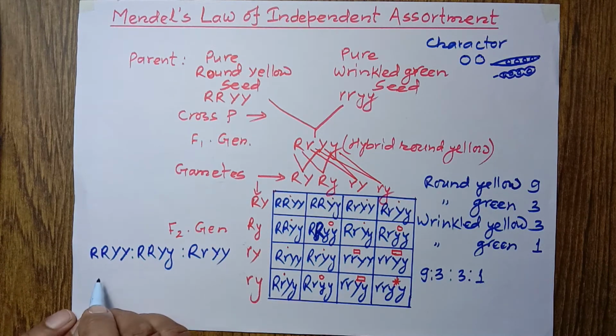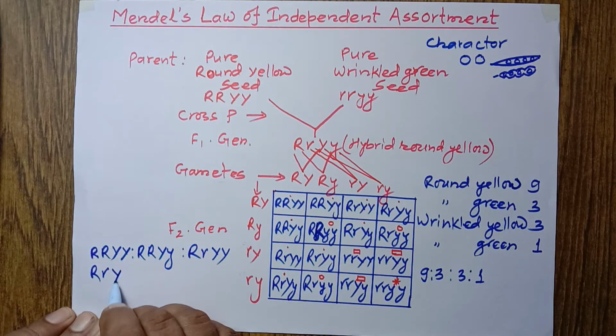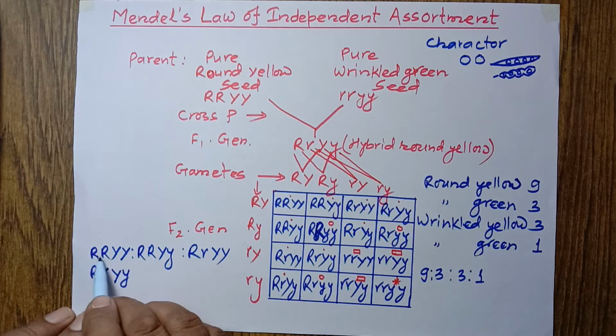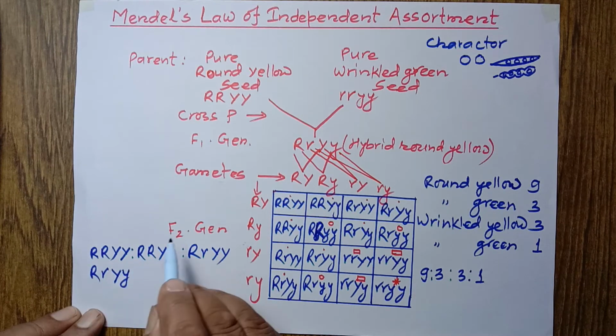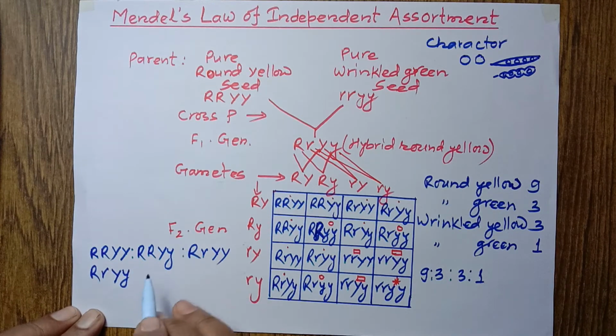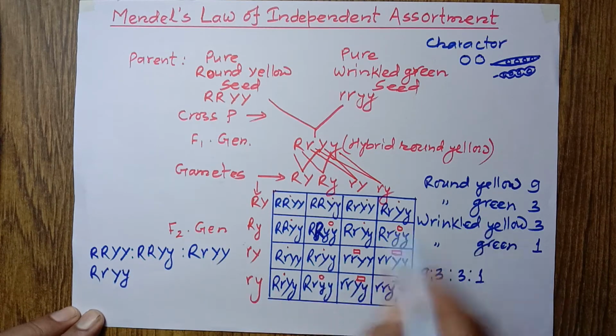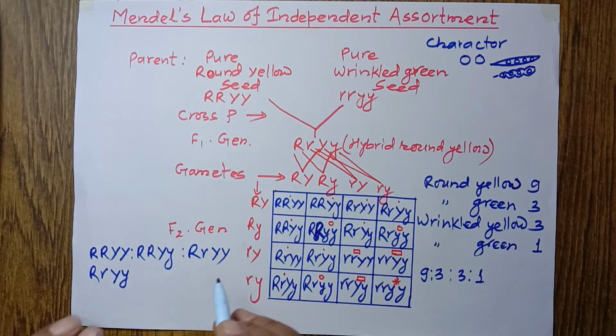And round yellow may be like this: R, small r, capital Y, and small y. Look at this. In this type of genes, at least one of the R is capital and at least one of the Y is capital. That's why round yellow might have these four types of gene.